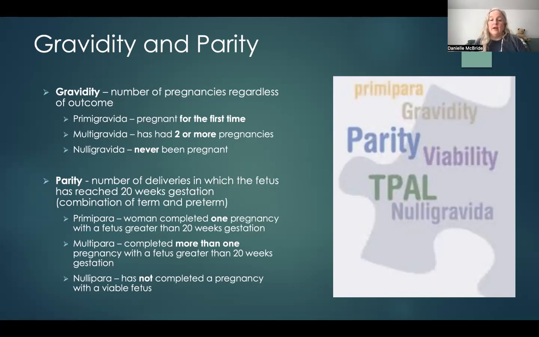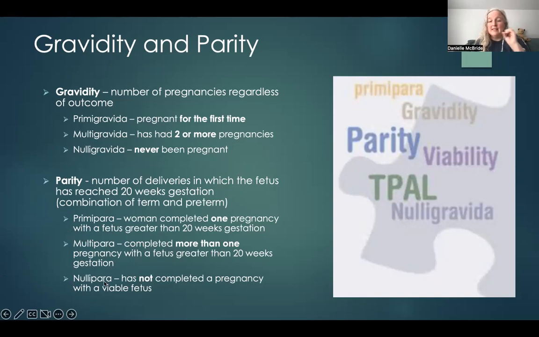If she's a multipara, she has delivered more than one pregnancy, greater than 20 weeks gestation. I don't want to say more than one baby, because that would imply that twins counts as multi and it's still only one. So if she completes more than one pregnancy past 20 weeks, she's a multipara.